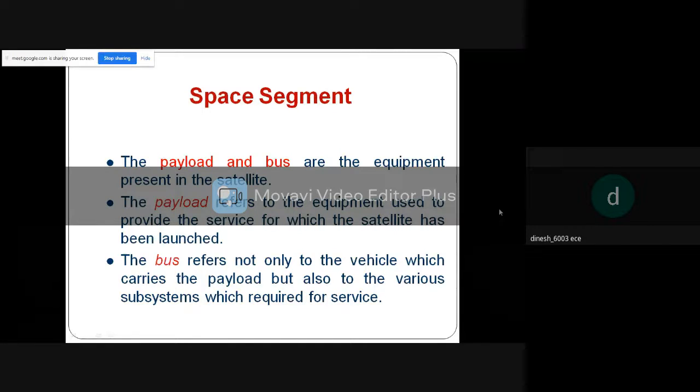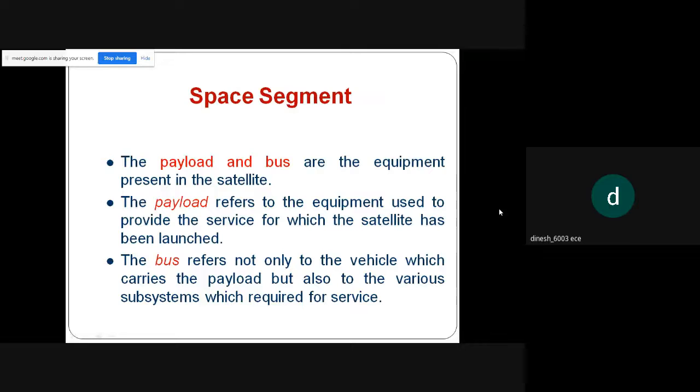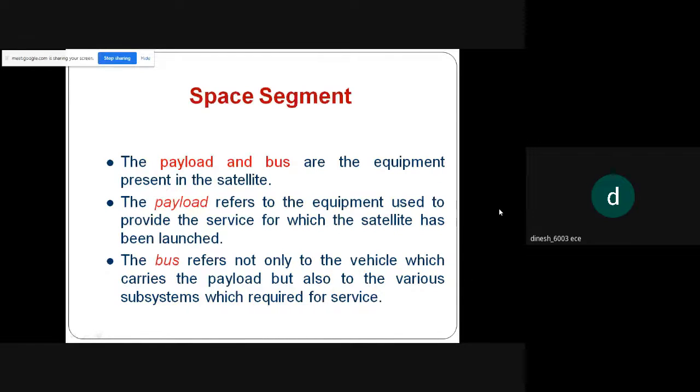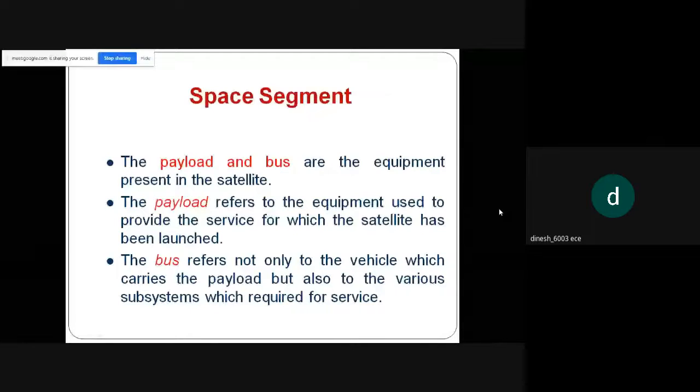Here we have another unit or another equipment present in the satellite, which is the bus. This bus does the function of connecting all the subsystems inside the satellite. As we have in our microprocessor, microcontroller, buses, address buses, data buses, and so on, which are meant for connecting different units in the microprocessor.